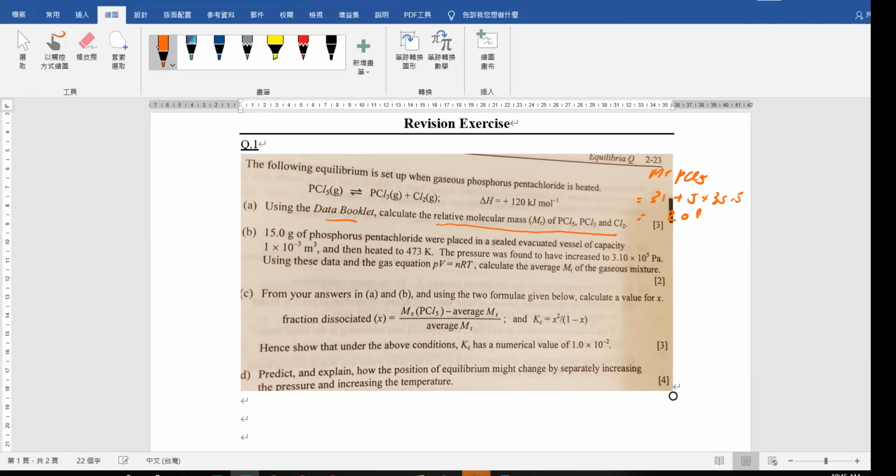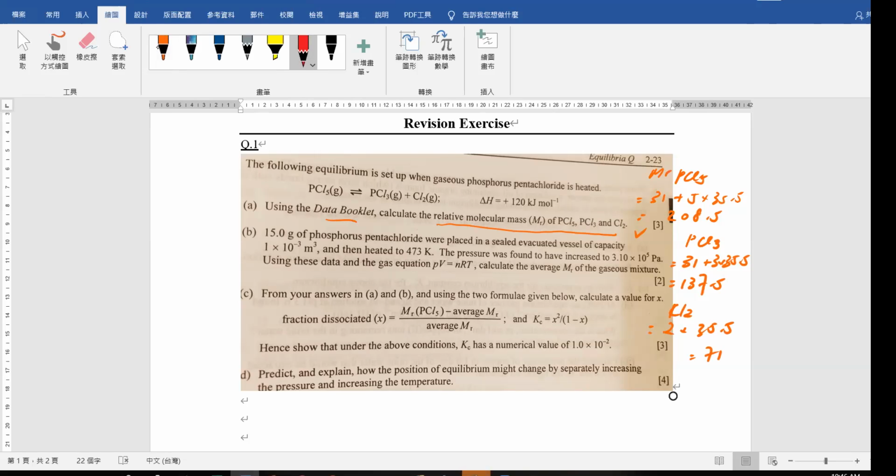So you have this number, and then likewise, you work out the molecular mass of each one of them. Okay, so that will be the answer of this part.